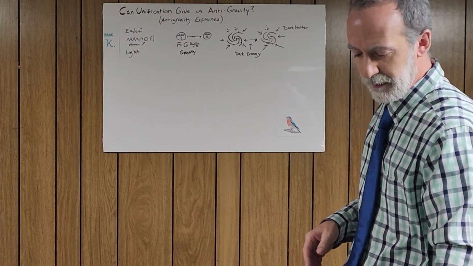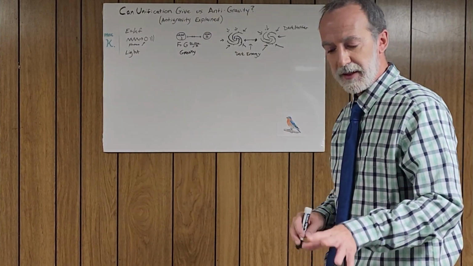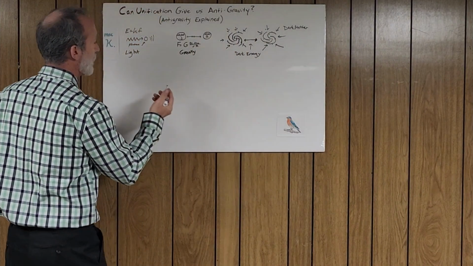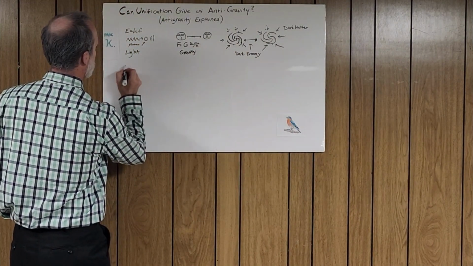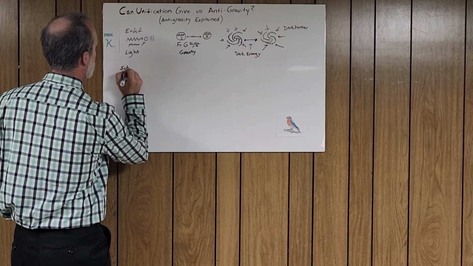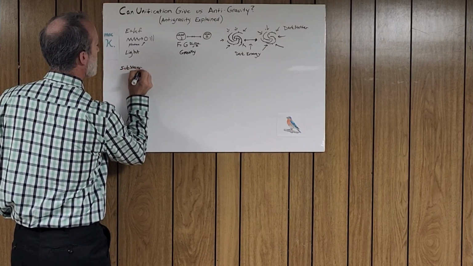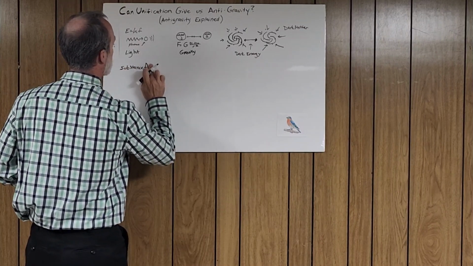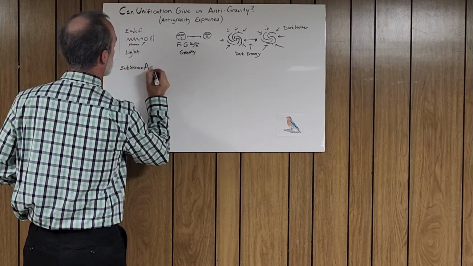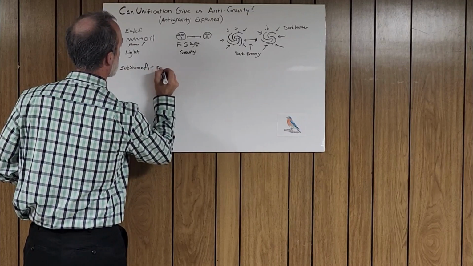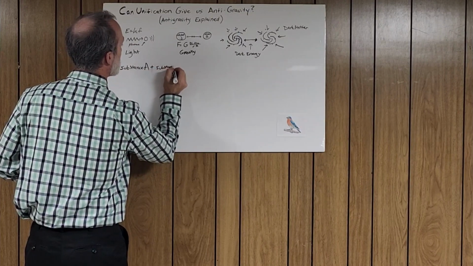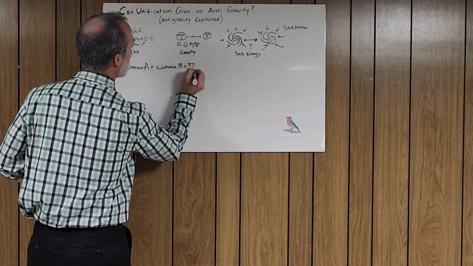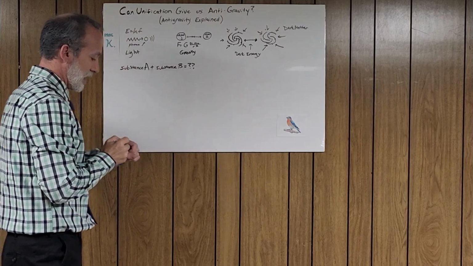Next, we're going to talk briefly about the material sciences and chemistry. So there's a lot of unknowns. I'm just going to write here: substance A plus substance B gives us what?